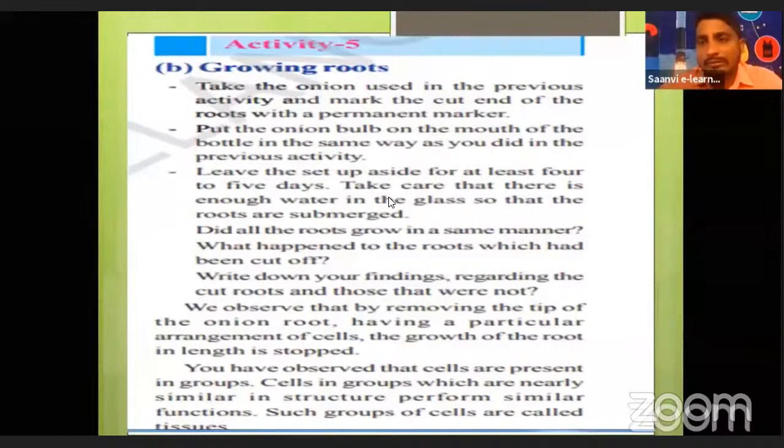Then how do we get the onion root tips? Here we have an activity, the last activity, to observe how cells are arranged in the root tip.